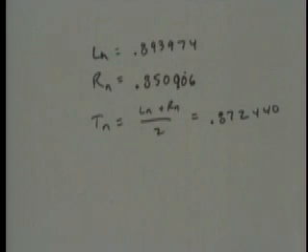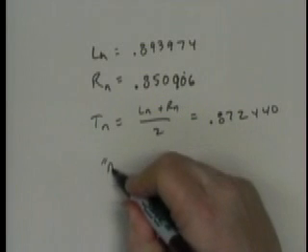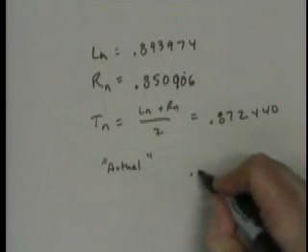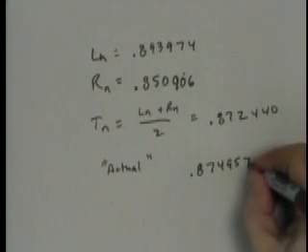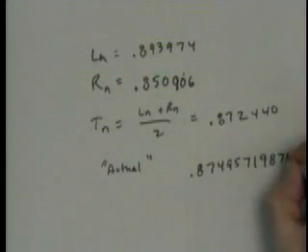Okay. Now, supposedly the actual value to more decimal place accuracy is 0.874957197.